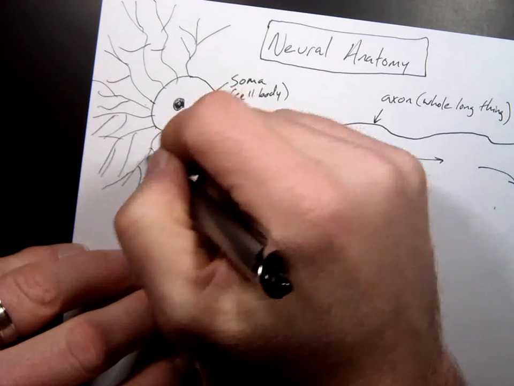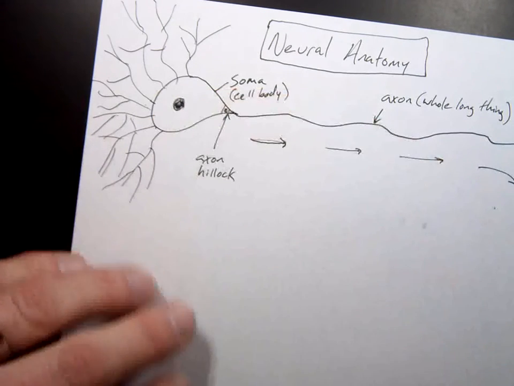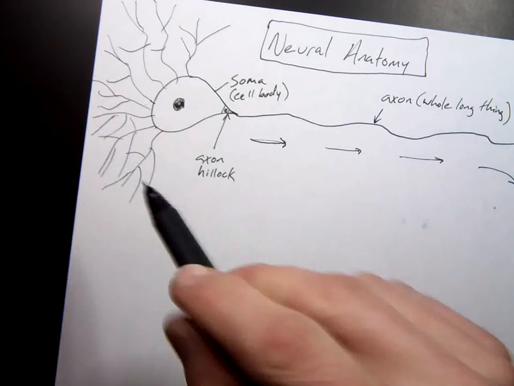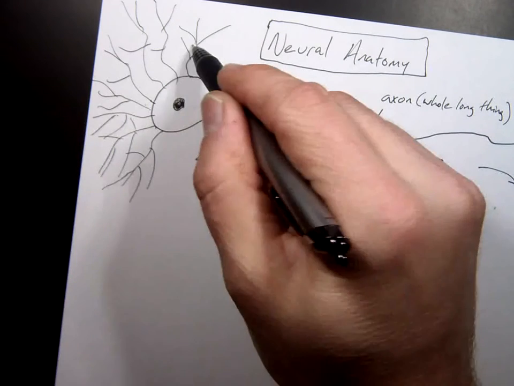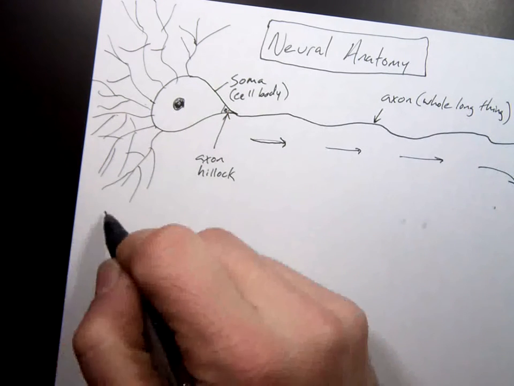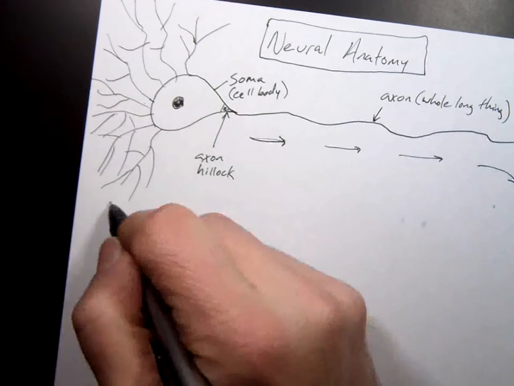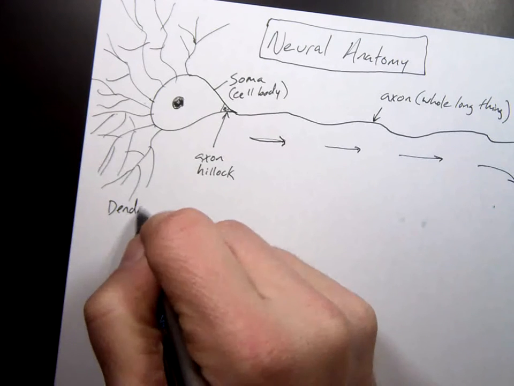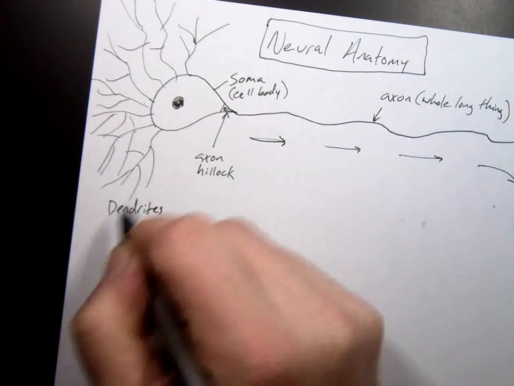Just tons of them. AP Bio, or I'm sorry, AP Psych students, what are these things called? Or do I have any in here? Remember what those are? That's okay. These things are called dendrites.